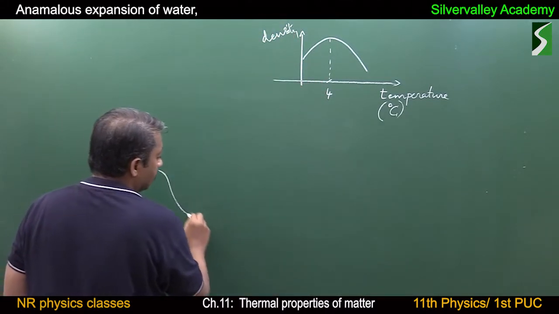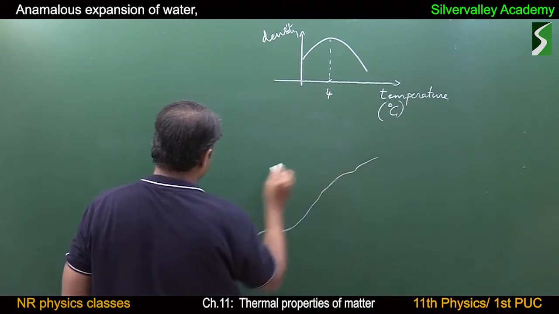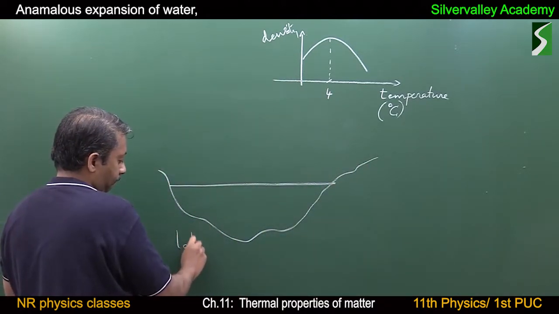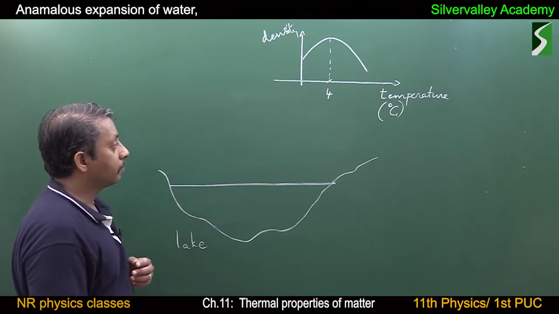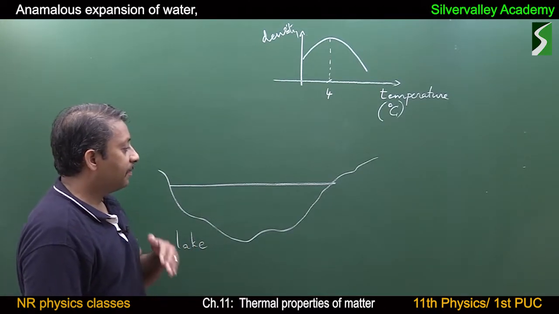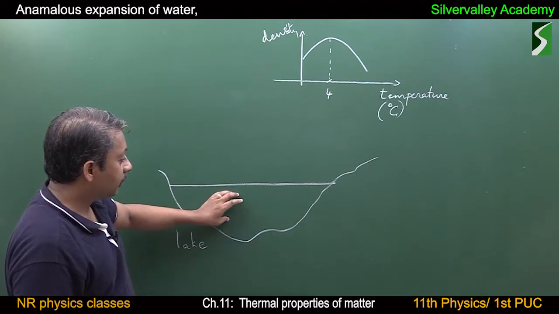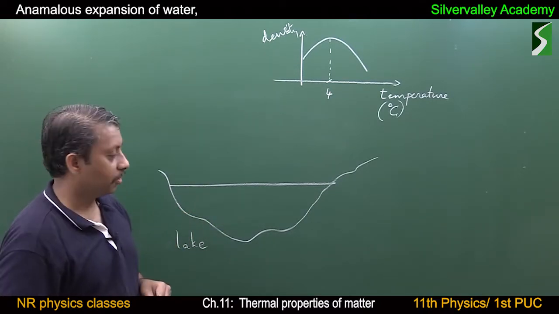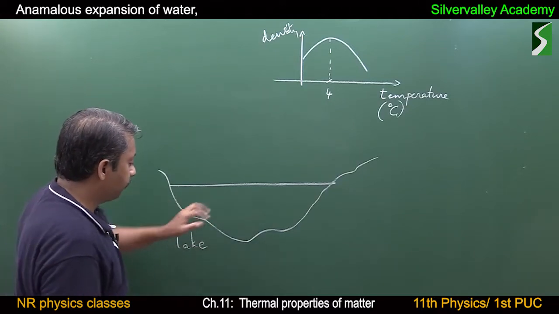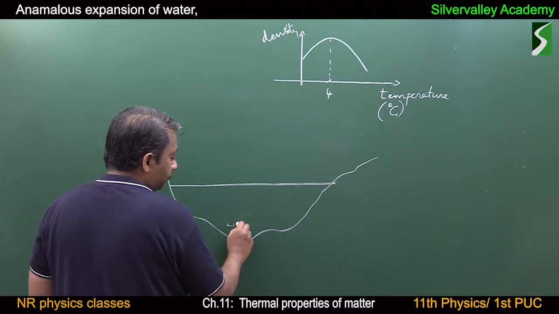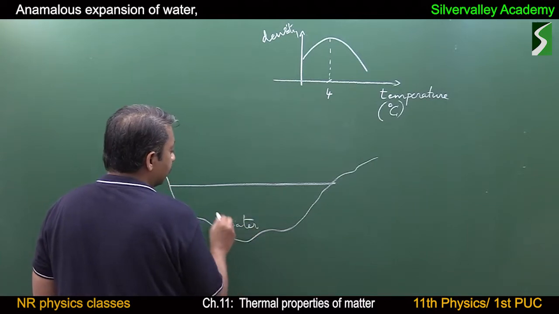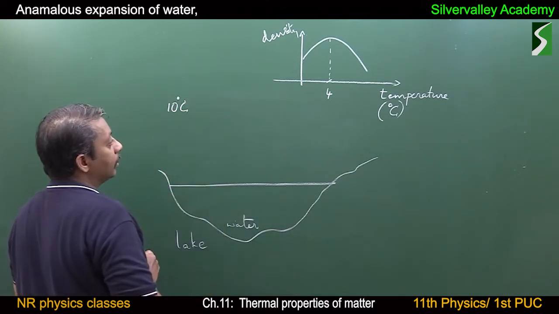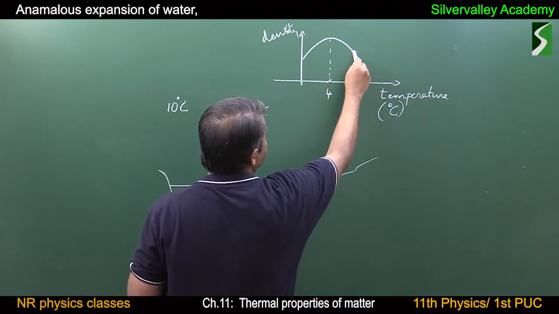Suppose this is a lake, water in this lake. Let me try to explain freezing from 10 degrees Celsius. Okay, if this water body is at 10 degrees Celsius, some density.